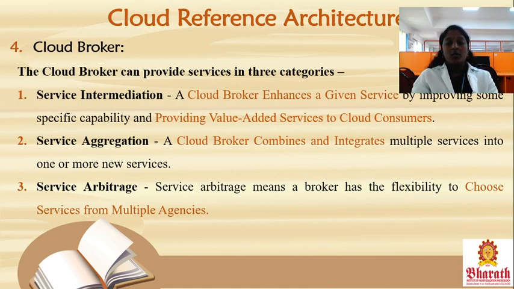Many cloud providers will be there. So if one cloud provider is very good at giving SaaS, software as a service, and another cloud provider is very good at giving platform as a service at a very low cost, then I can approach both cloud providers and take advantage, which in turn gets me a very low cost.